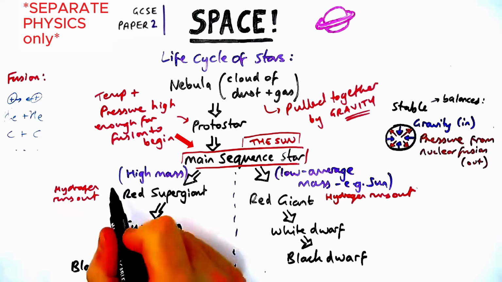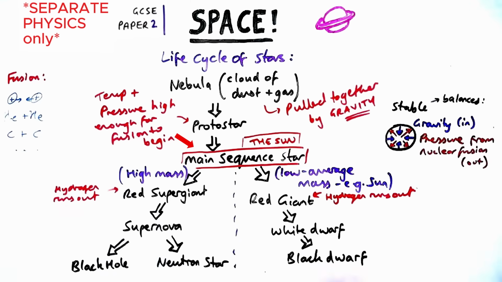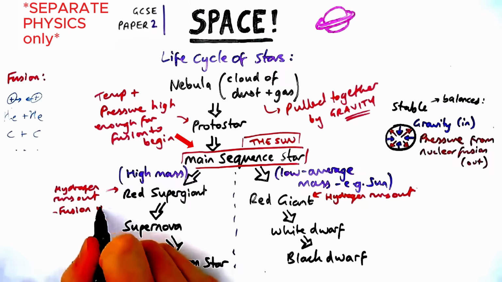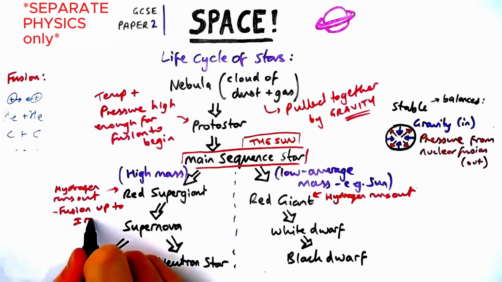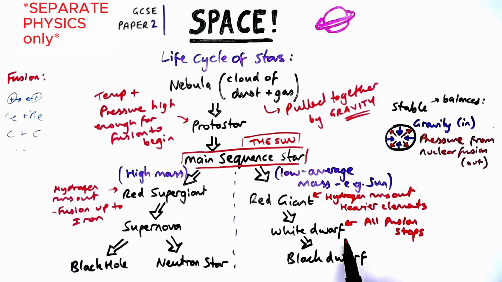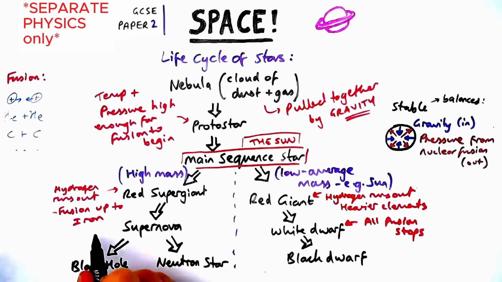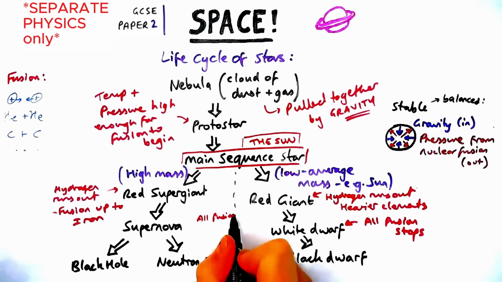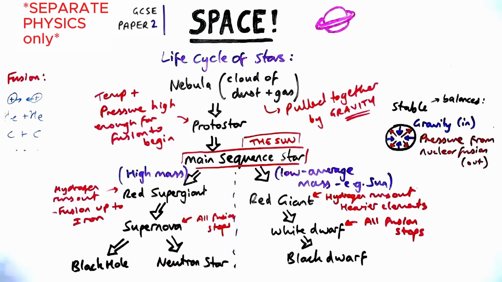These heavier elements mean that it expands into a red giant, and it has a different color. In the red supergiant phase, this happens to elements all the way up to iron. After this point, all fusion will stop at a certain point for a low to average mass star. And at that point it shrinks back down, becomes a white dwarf, then even that radiation ceases, it becomes a black dwarf.